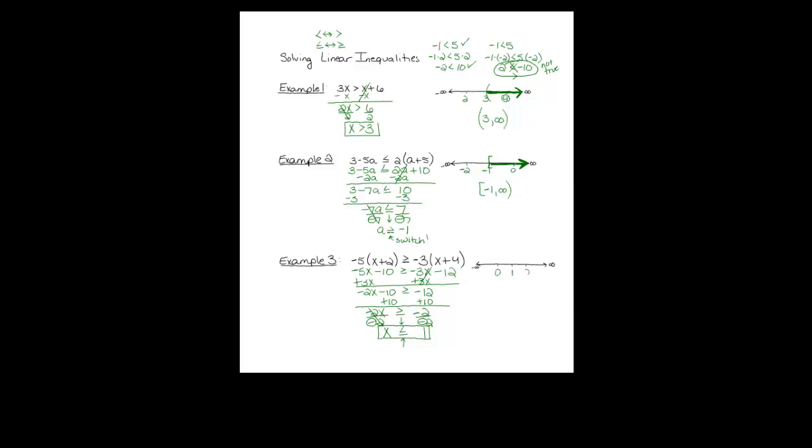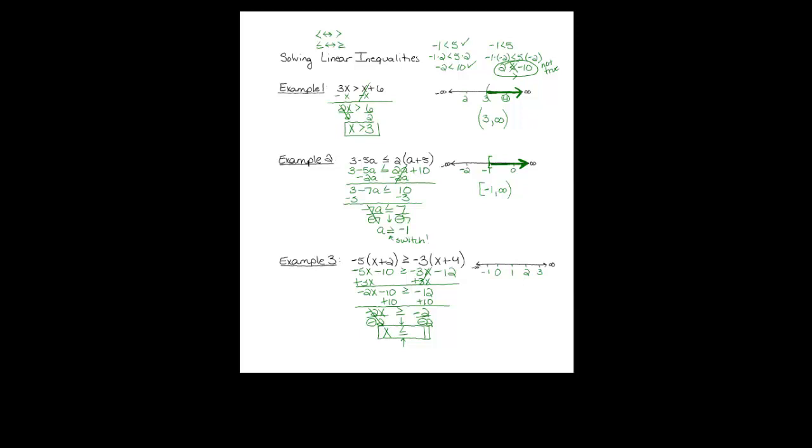I'm going to go ahead and plot 0, 2, and there's room here I can squeeze in a 3 and a negative 1. And at 1, you're going to want to have a square bracket. And looking at this inequality, we have x is less than or equal to 1.